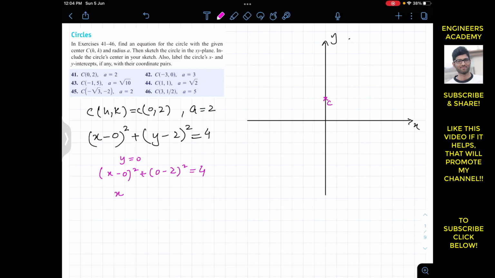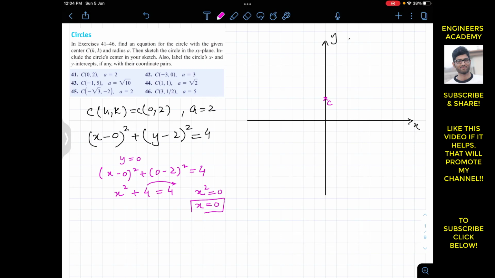So this is x square plus 2 square is 4, and this is 4. If I bring this 4 to the other side of the equation, it will become minus, so we get x square equals 0, or we can say that x is equal to 0. So the x-intercept is at x equals 0.